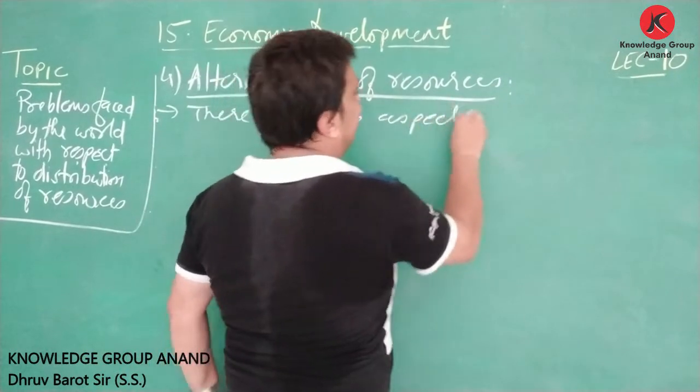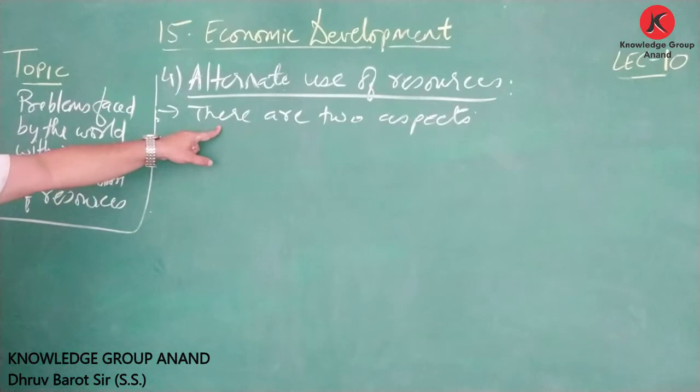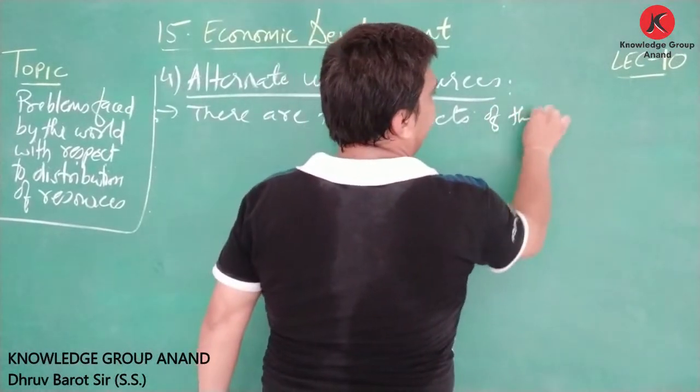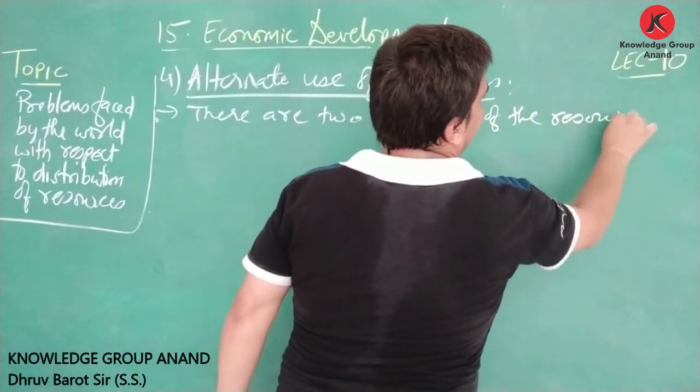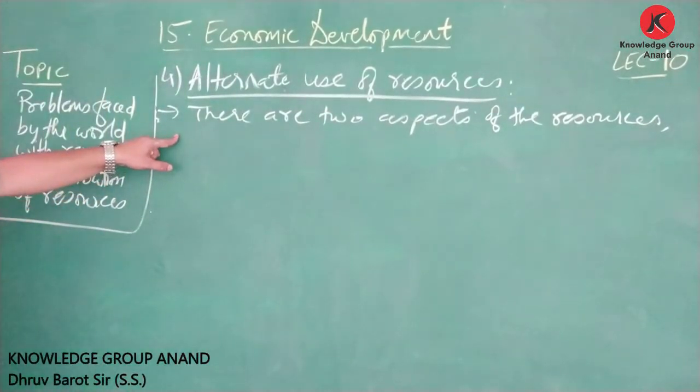If we talk about the alternate use of resources, here it is said that there are two aspects of the resources.